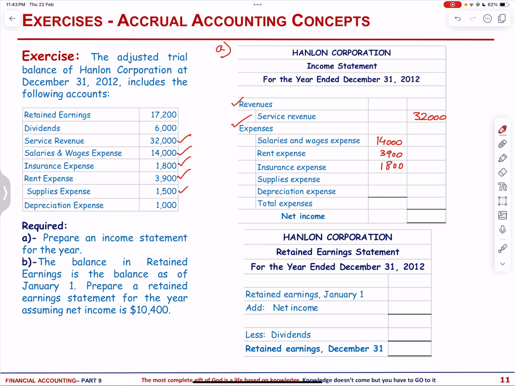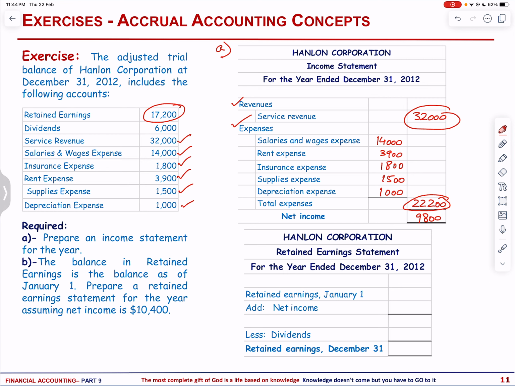Then we have supplies expense. We have depreciation expense, and there are no other expenses. So we are going to make the total. The total is 22,200, and the net income will be total revenue minus total expenses. That will be 9,800.